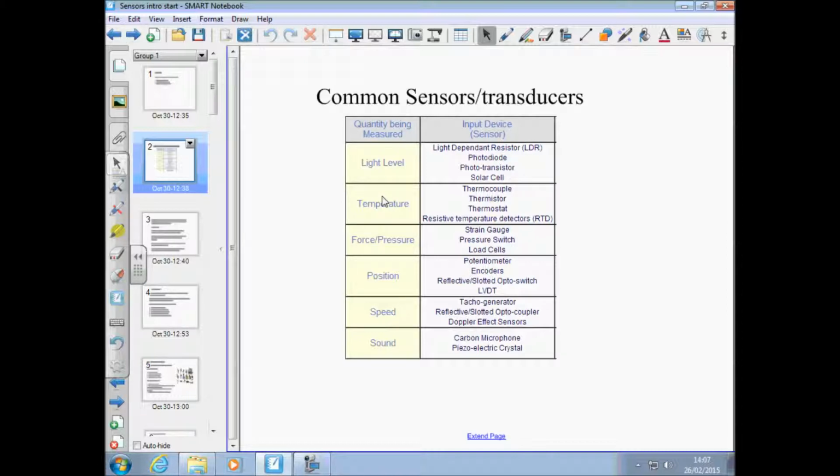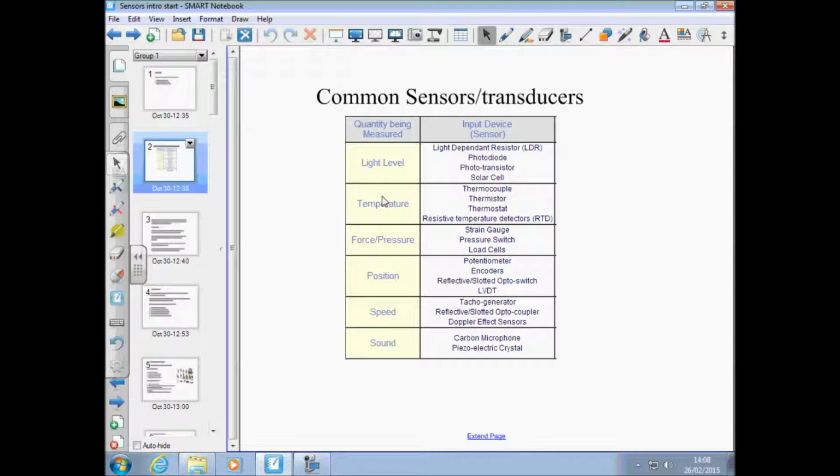Position, which is something we're looking at with regard to the assignment, is the angular position of the rotating turntable and the linear position of the situation as well. We've got potentiometers, we can use encoders, reflective slotted opto switches and LVDTs.